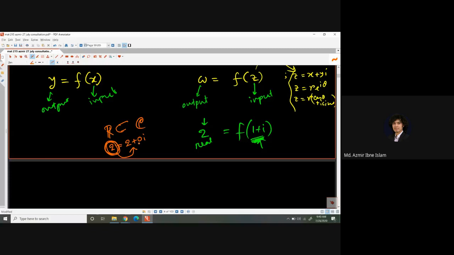It doesn't matter that we have no imaginary part, this is actually a complex number. So whenever we input some complex number, the output may be a real number or a complex number, but if it is a real number, be sure that it is also a complex number.